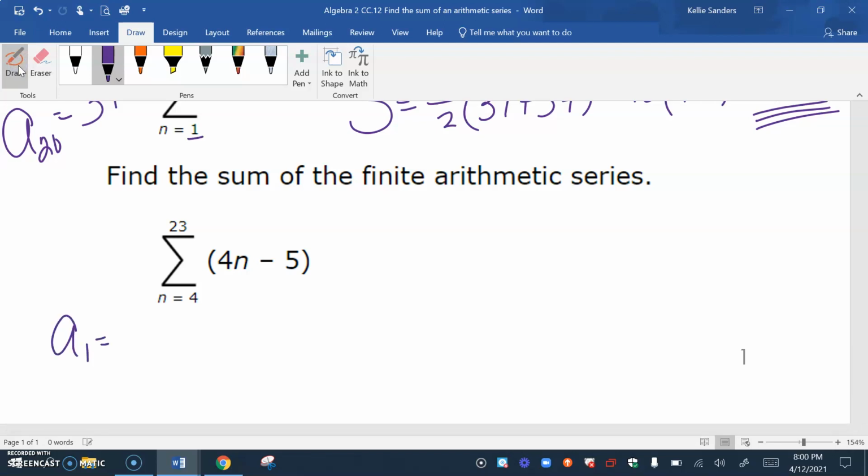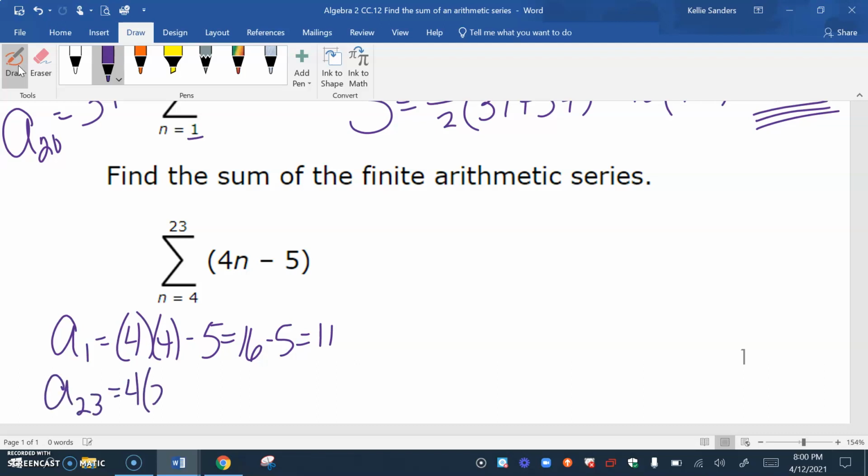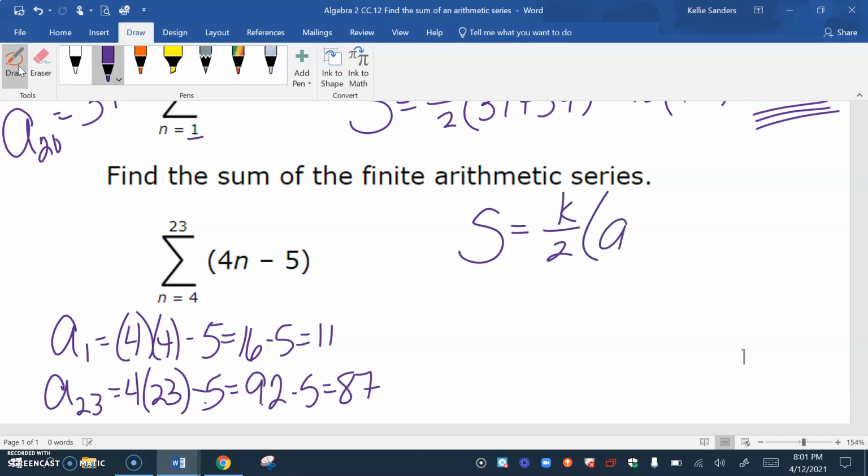A sub 1 would be 4 times 4 minus 5, which is 16 minus 5, which is 11. A sub 23 is 4 times 23 minus 5, 92, minus 5 is 87. The sum is k over 2 a sub 1 plus a sub n. Now, how many terms are we going to have?